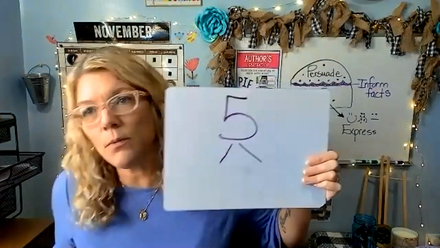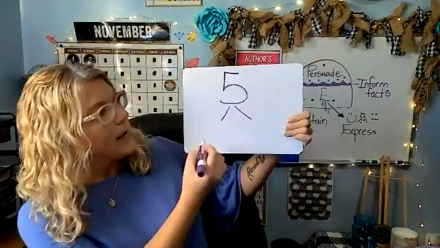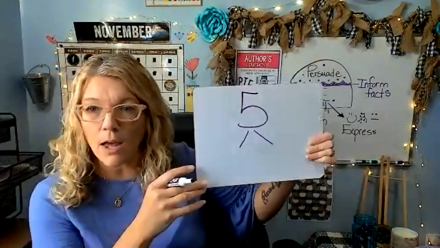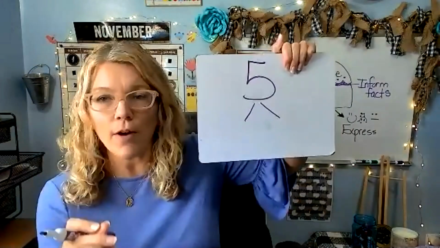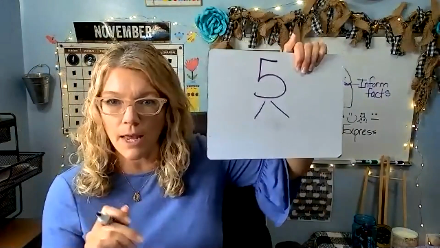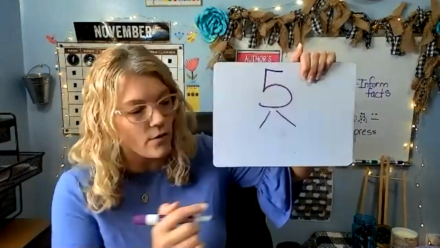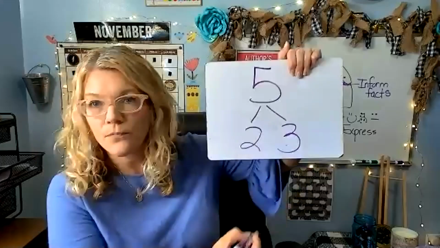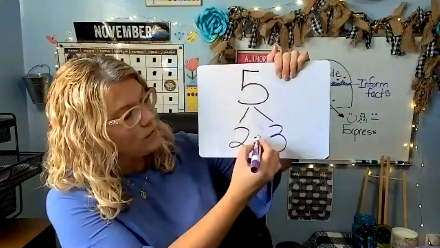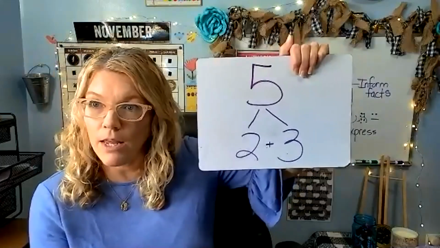I'll do this one with you. I'm thinking of two numbers that can be added together to equal 5. So I think a 2 and a 3. 2 and 3 equal 5, right?